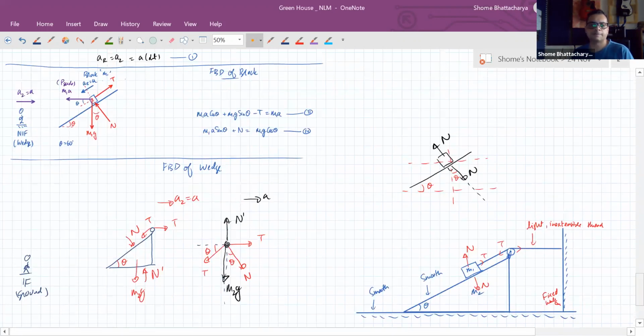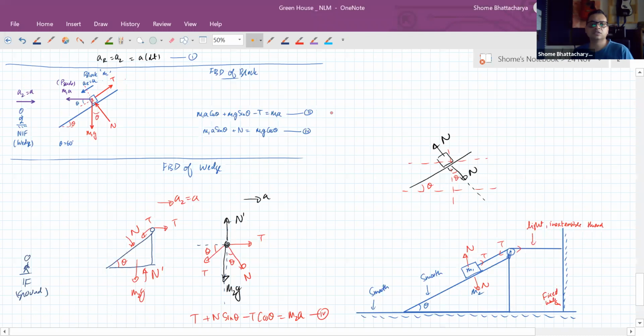Okay, again. Alright, so now let us write the equation for this one, the horizontal x direction. So we have T plus N sin theta minus T cos theta is equal to m2a. So that is our fourth equation. Now you can see from the beginning we have already eliminated two variables by introducing a.